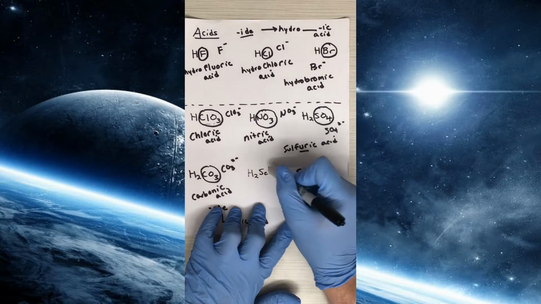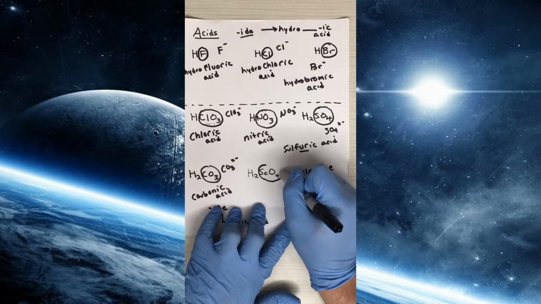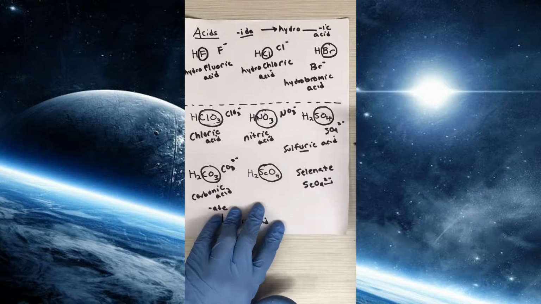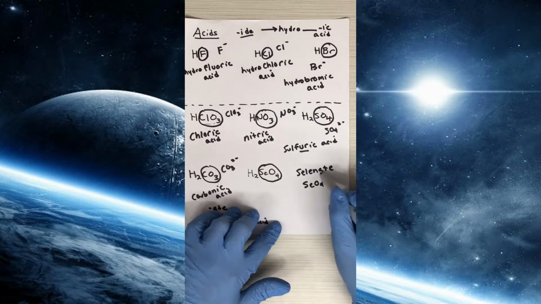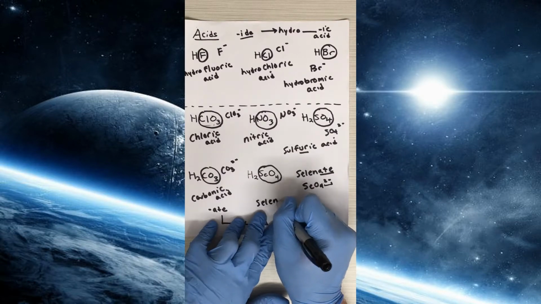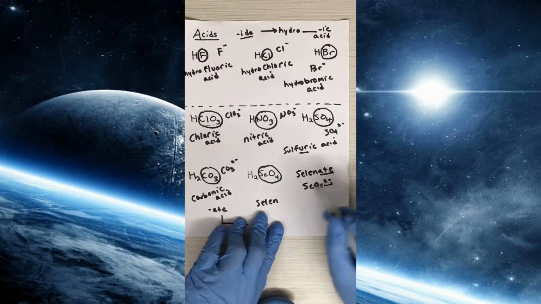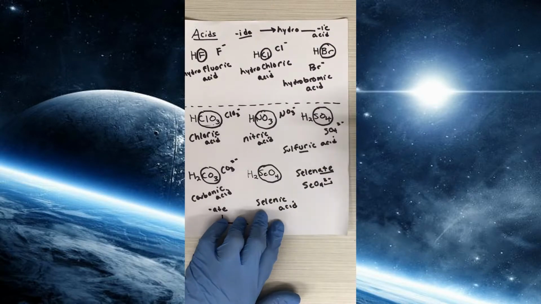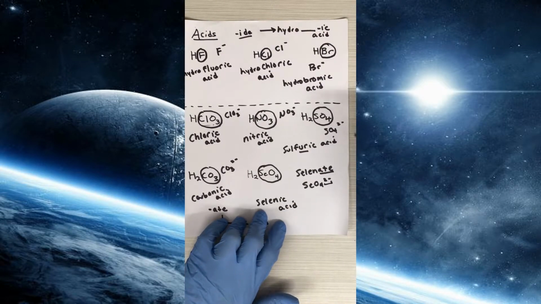The reason I know that is because if I look at everything except for those hydrogens, that would be my anion, and it has to have a 2- charge because there's 2 hydrogens out in front. And if I wanted to name this as an acid, it ends in -ate. So this would be selen. I drop the -ate and add -ic acid. So this would be selenic acid, right?